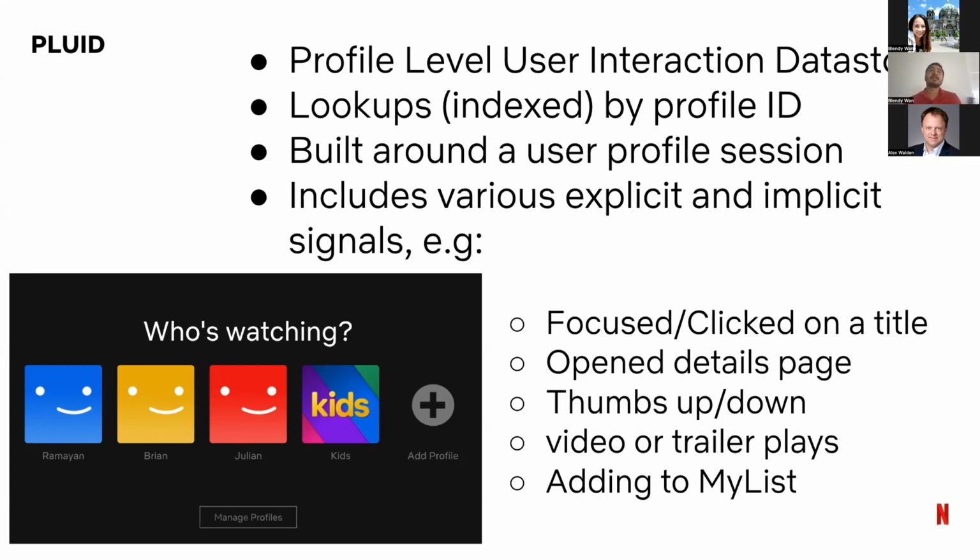Now, what we are interested in with this system is capturing a lot of implicit and explicit signals. So what do I mean by explicit? Explicit is very simple. When you like something, you're explicitly telling Netflix that, oh, I really like this title. Show me more like this. Or when you are clicking on certain rows or doing horizontal scrolling or vertical scrolling, you're explicitly giving us those signals, right?